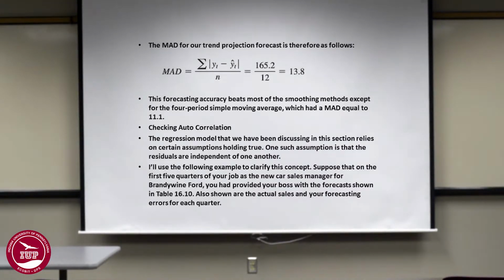Suppose that in the first 5 quarters of your job as the new car sales manager for Brandywine Ford, you had provided your boss with the forecast shown in table 16.10. Also shown are the actual sales and your forecasting errors for each quarter.